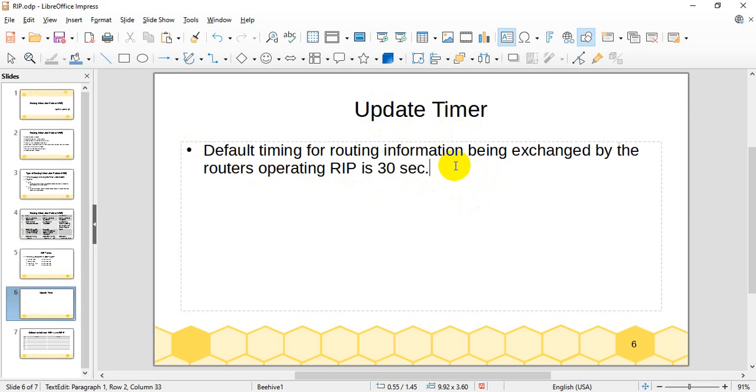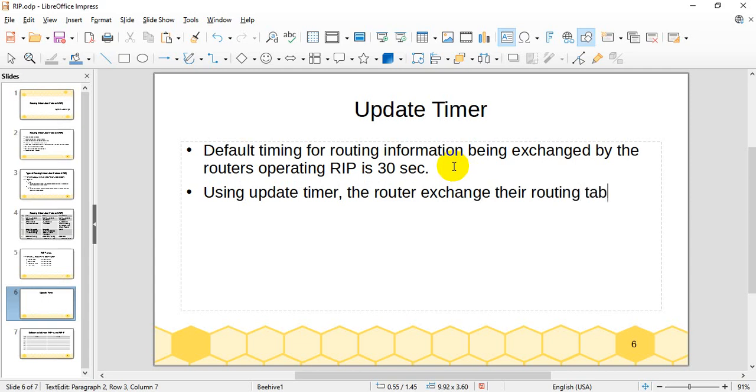And using the update timer, the router will exchange their routing table periodically.